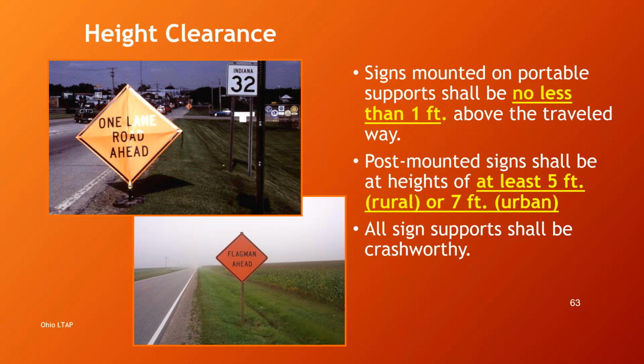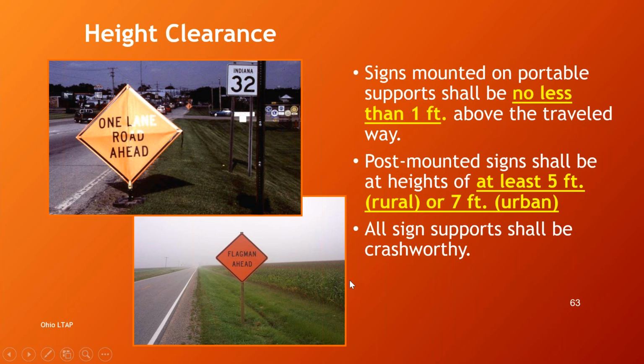We also have specifications on the height of our signs. Usually in our roadway maintenance activities that only last for a day at the most, you're probably using the portable signs. With the portable signs, they need to be no less than 1 foot above the traveled way. So they need to be on a proper stand so that the bottom of the sign is a foot above the traveled way.